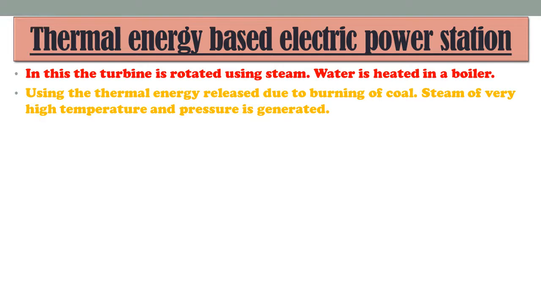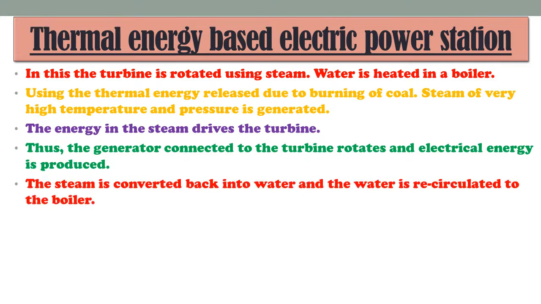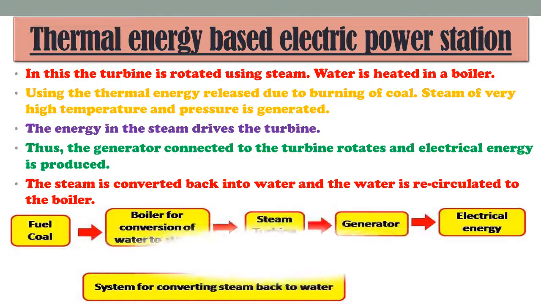The energy in the steam is used to drive the turbine, and thus the generator which is connected to the turbine rotates and electrical energy is produced. The steam is converted back into water, and the water is recirculated to the boiler. That means this process continues again and again.